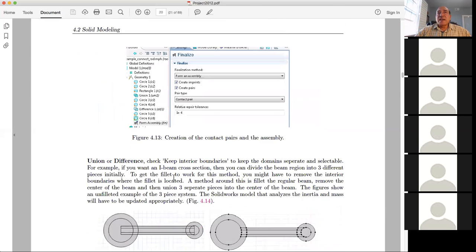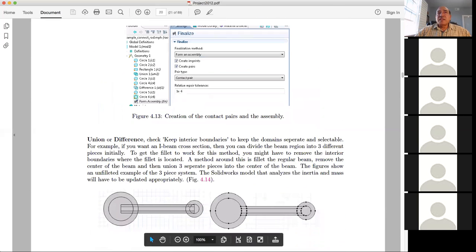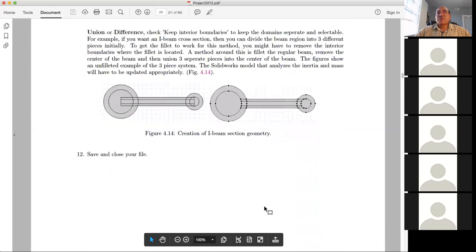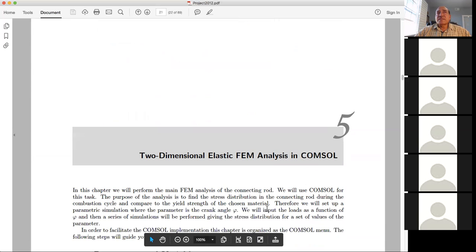But before we do that, we have to create contact pairs, because the shaft is inside here and the piston is inside here. And then we have to make sure that they can contact at these surfaces, because this is where the forces are going to be transmitted. And that's an important step in the analysis, without which we wouldn't get the correct stresses.